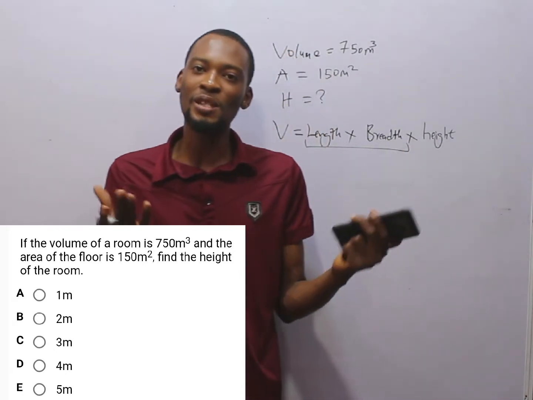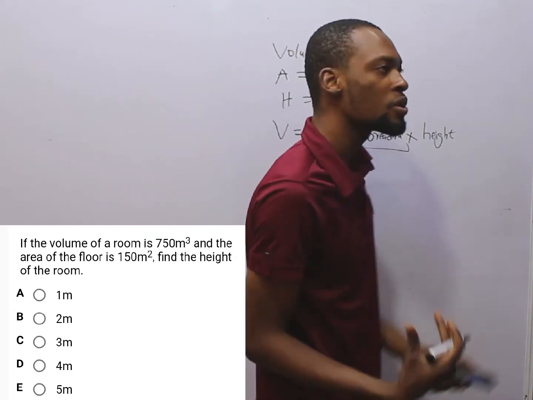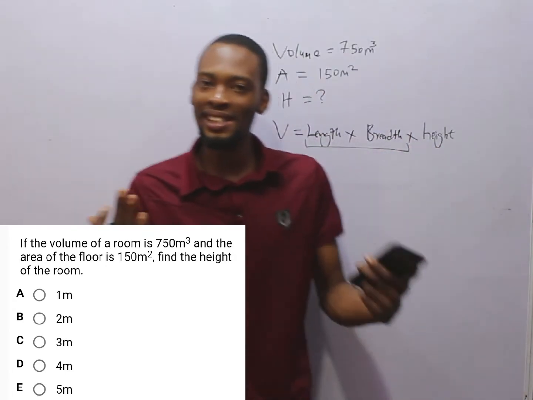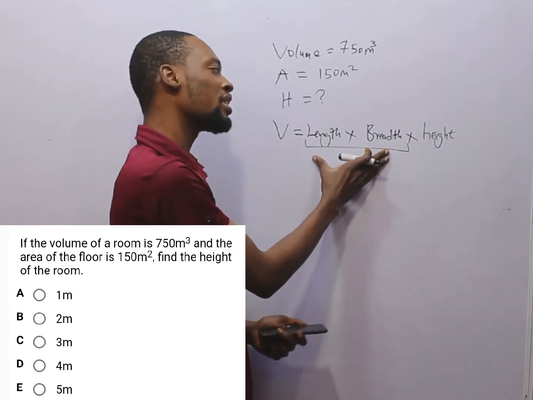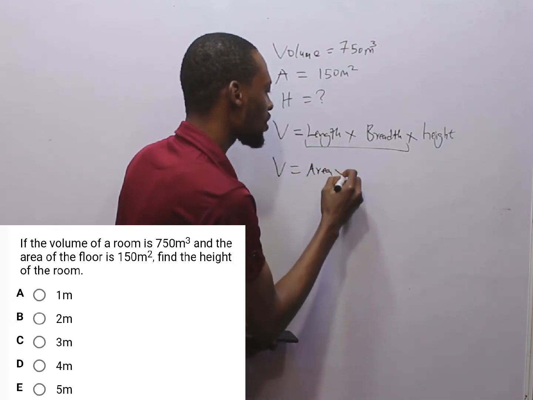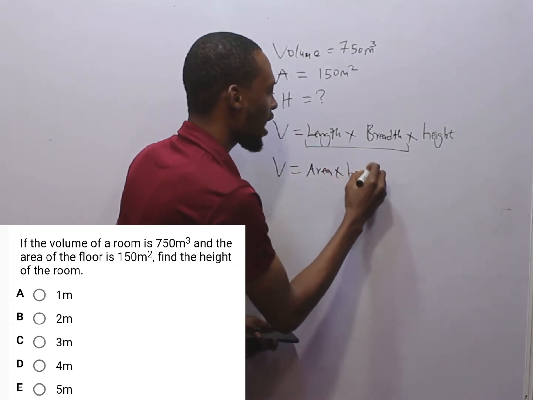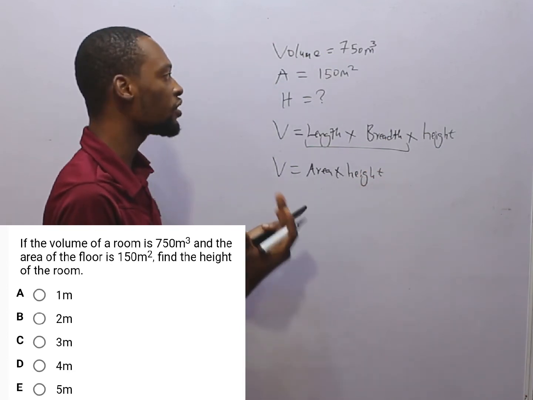Length times breadth is simply equal to area. If I ask you what is area, you simply tell me that area is length times breadth, which implies that instead of putting length times breadth here, we can say volume is equal to area times height. With this, we have what we need to solve this question.